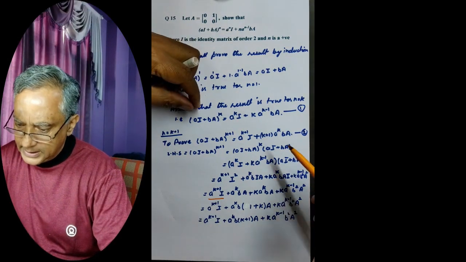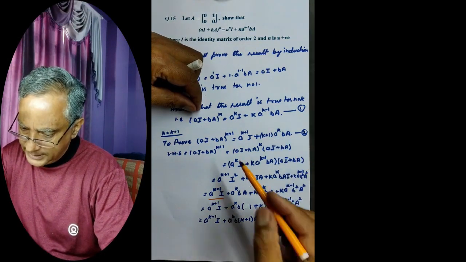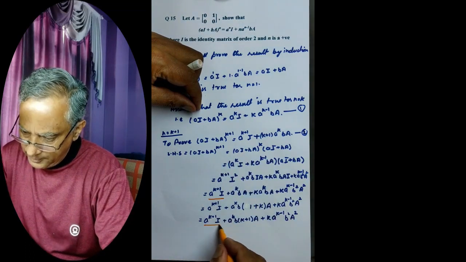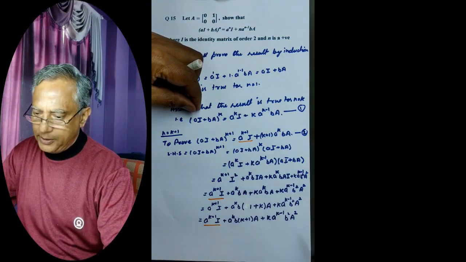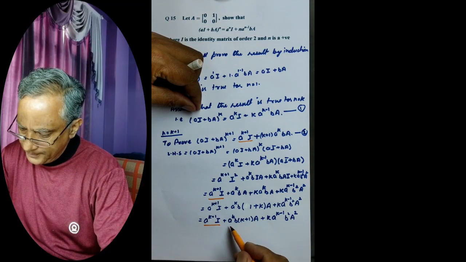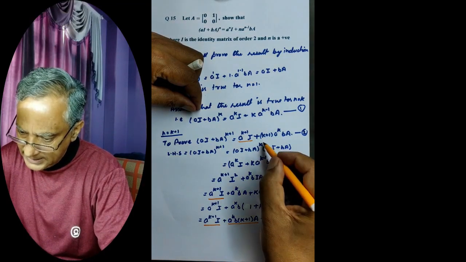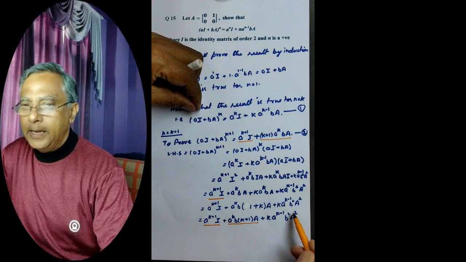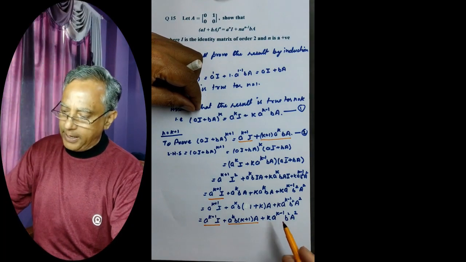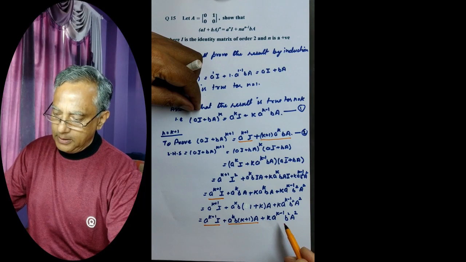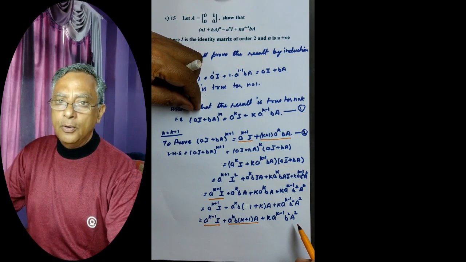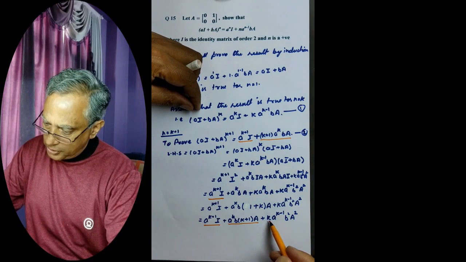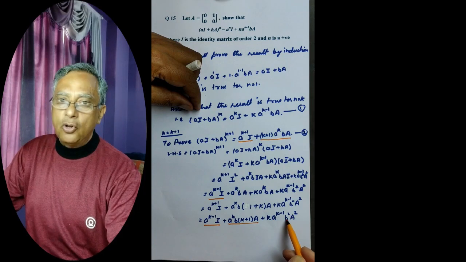Now we have to prove this result. So what we see is this term is same as this term, and this term is same as this term. We are getting this term extra. Now how to tackle this term? This term must be 0. So this is non-zero, this is non-zero, this is non-zero.